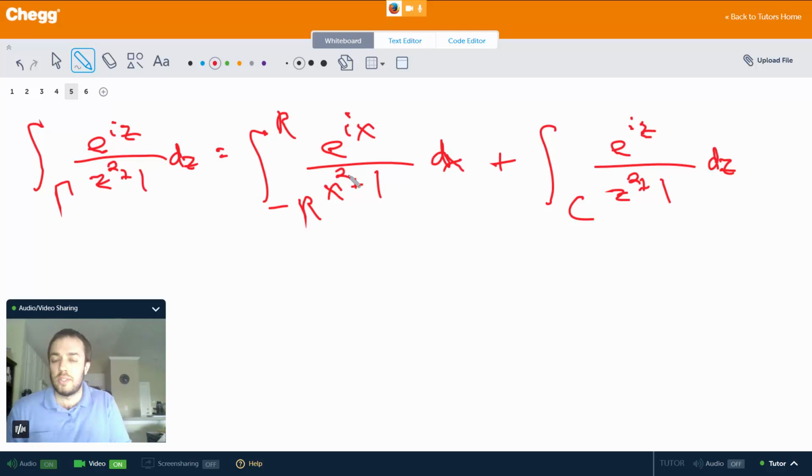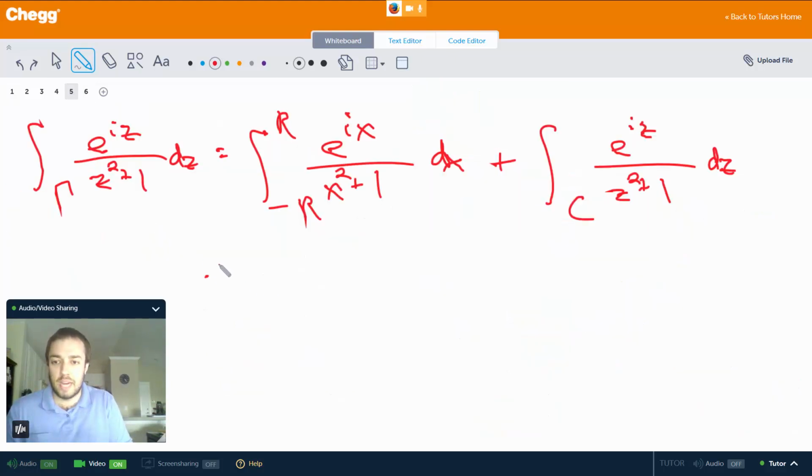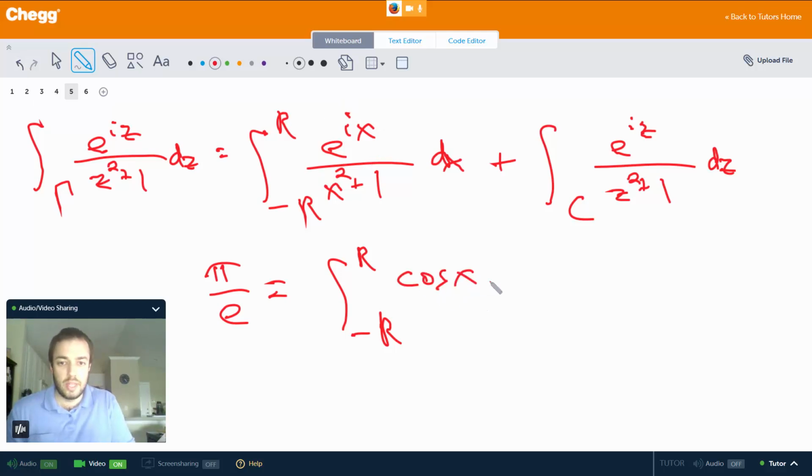Now what I want to do is take the limit of both sides as r goes to infinity, but actually first, remember this was equal to pi over e, right? That's what we saw on the first page here. We got pi over e when we evaluated using residues. So we end up with pi over e equals the integral from minus r to r. Now what I want to do is rewrite e to the ix as cosine of x plus i sine of x over x squared plus 1 dx.